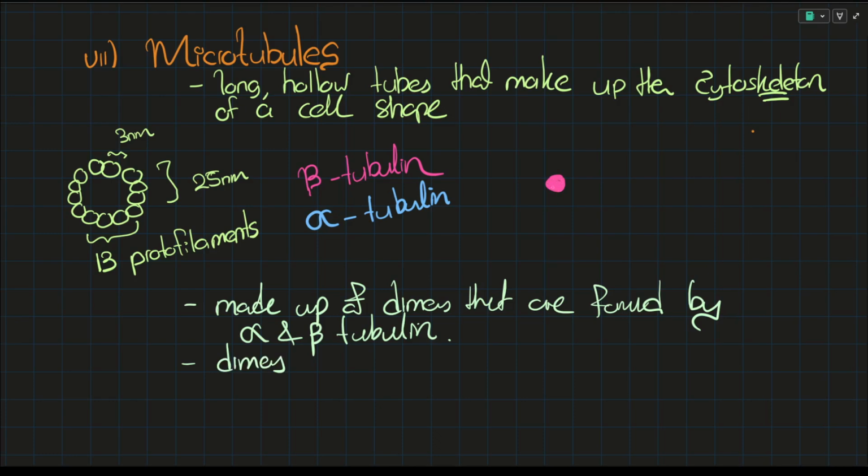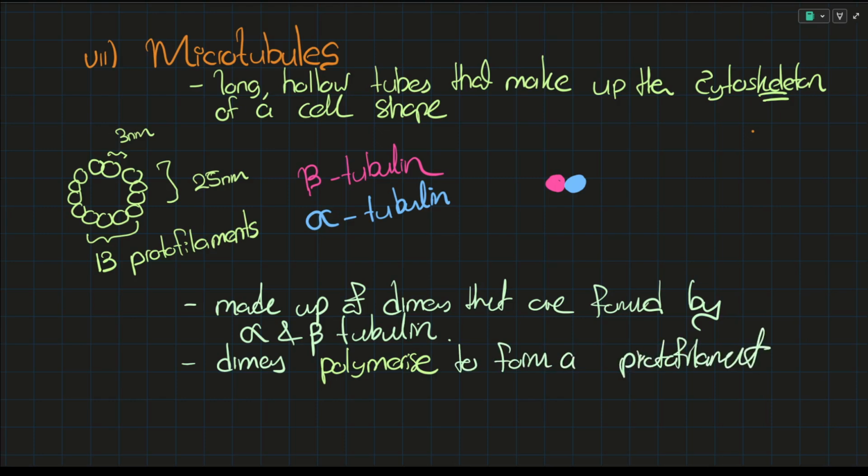Beta tubulin, and then that connects to alpha tubulin. And then those things can polymerize basically. So these dimers polymerize to form a protofilament. Meaning, so now that's a dimer, no?